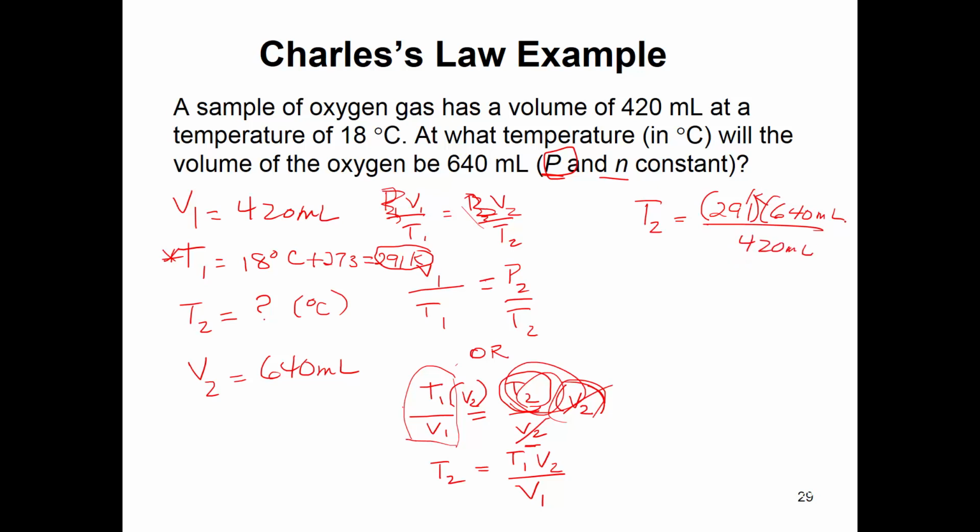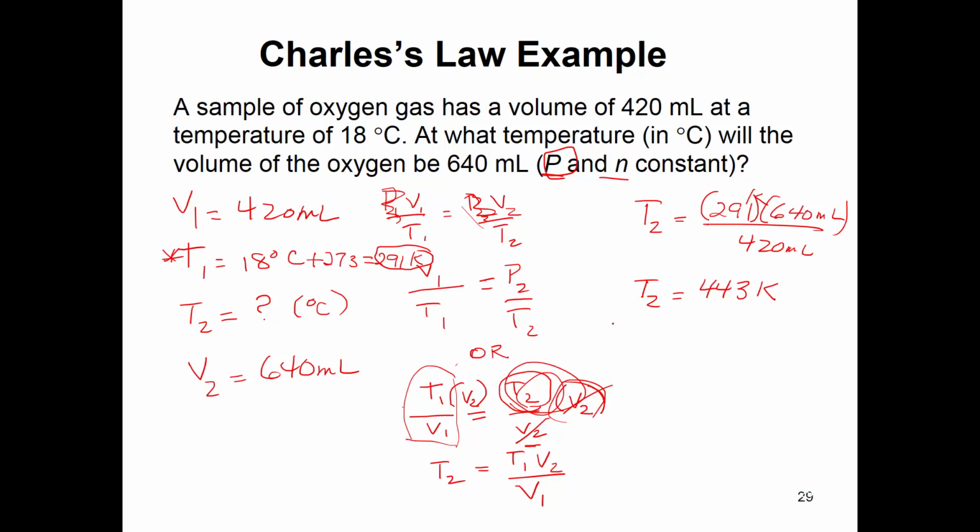The most often error made is getting these volumes mixed up, for some reason. I don't know. Anyway, so T2 ends up being 443 Kelvin. Okay, yay, I have an answer.